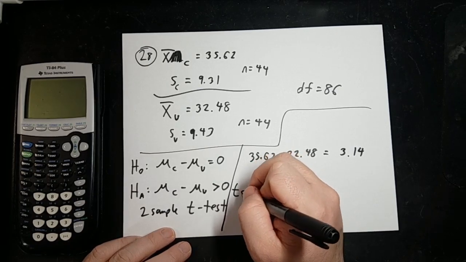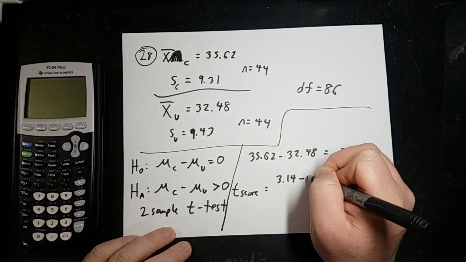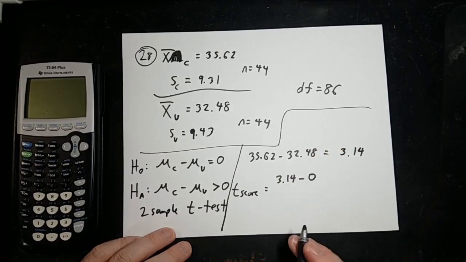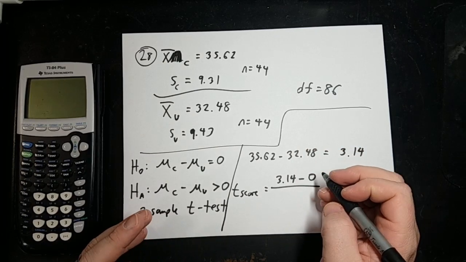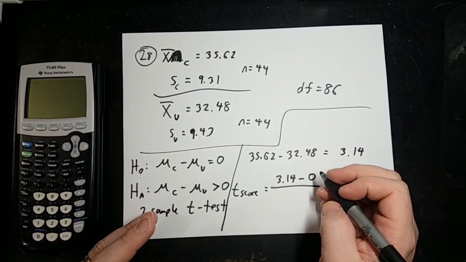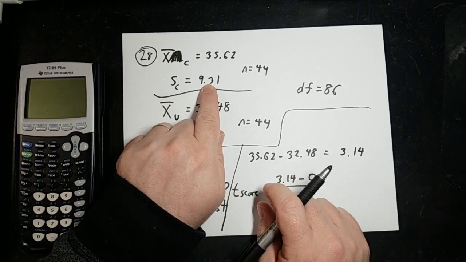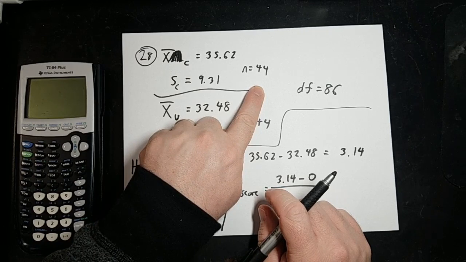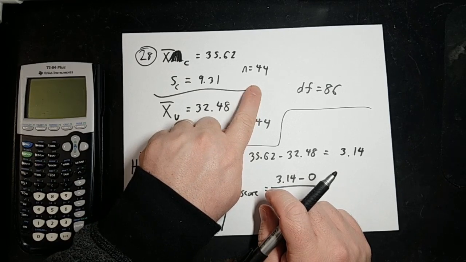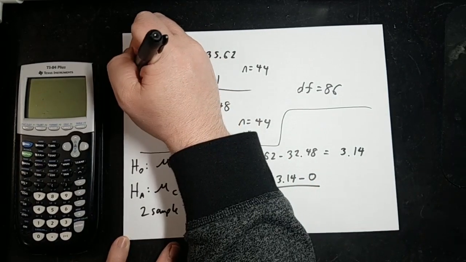If you're going to calculate a t-score, sample difference minus the assumed population difference over, now this would be a combined standard error. The standard error would be sample standard deviation divided by the square root of the sample size. But in order to combine them, I would have to square it. So hold on.